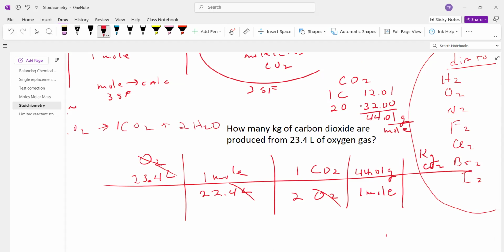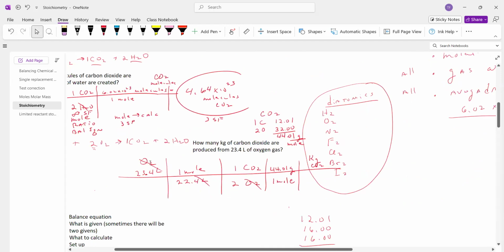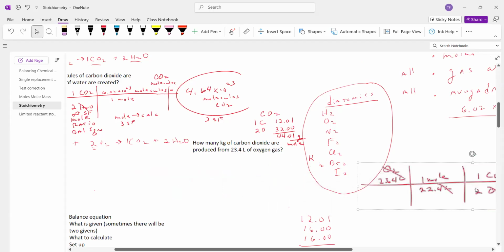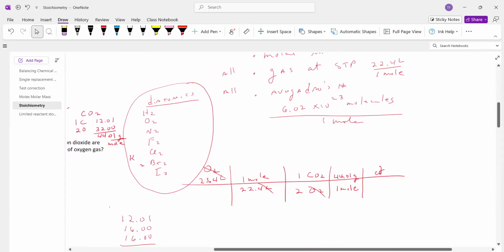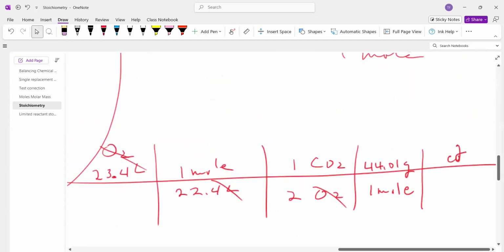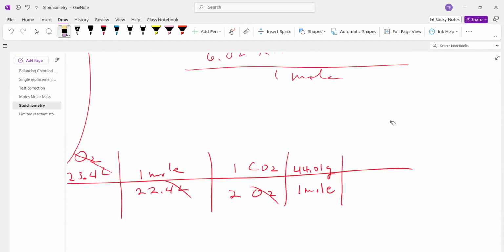And okay, once I get grams of carbon dioxide, I need to go to kilograms.